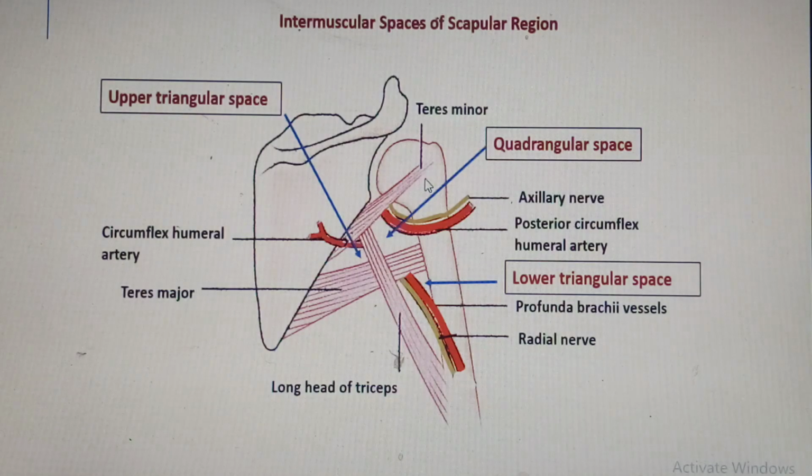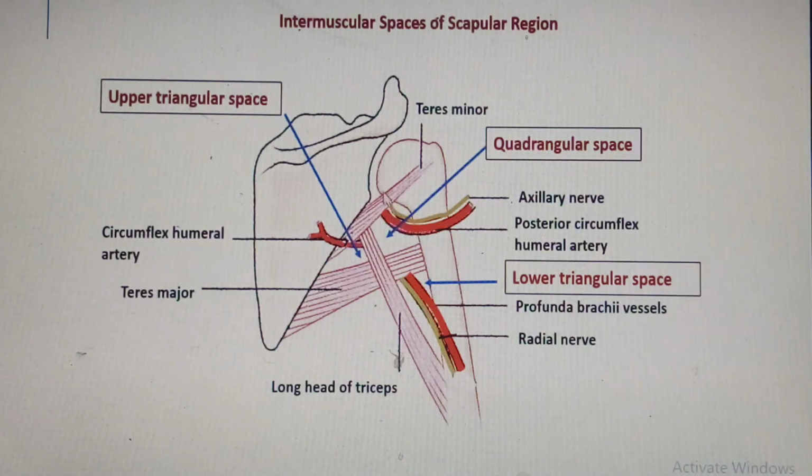Then teres major originates from the lower aspect of the lateral scapula, and it inserts on the medial lip of the intertubercular sulcus, because teres major is a lady between two majors.